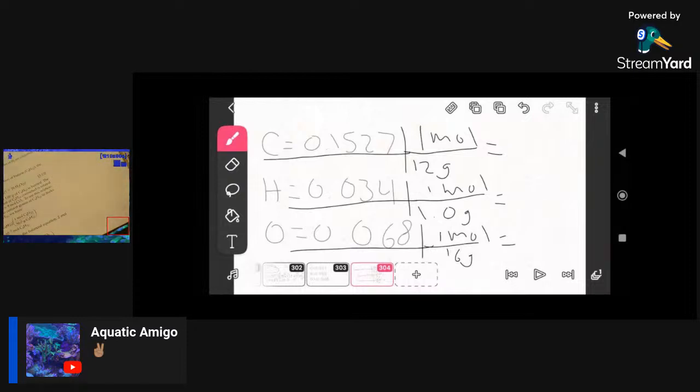All right. So for the carbon, we get 0.0128. And for the hydrogen, we get 0.0340.